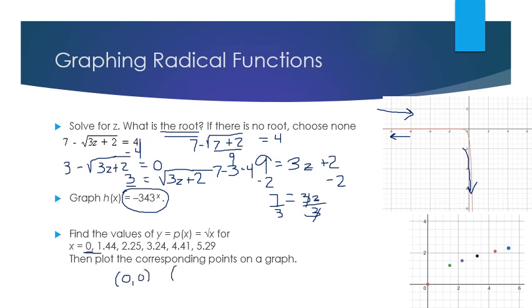The next one will be 1.44, and if I take the square root of that, I believe I get 1.2. So you'll start picking up these points, put them in a chart in your answer area, and then graph them in Desmos. Remember, it will not be a line or a curve, it will be these individual points.